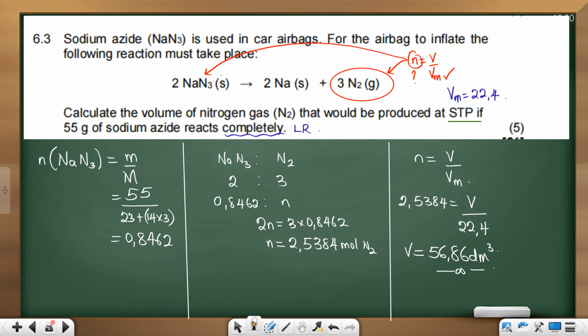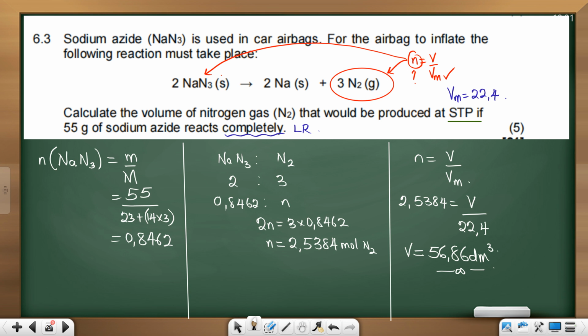Yes, Michelle? You seem to have forgotten to divide by 2. Because I took 0.8462, multiplied it by 3, and then got your final mole answer, but I then divided it by 2 in order to get what Umar just posted, which is 1.2. No, wait.